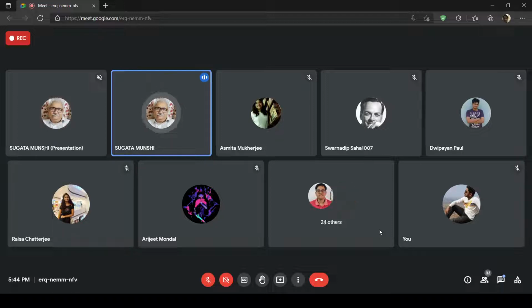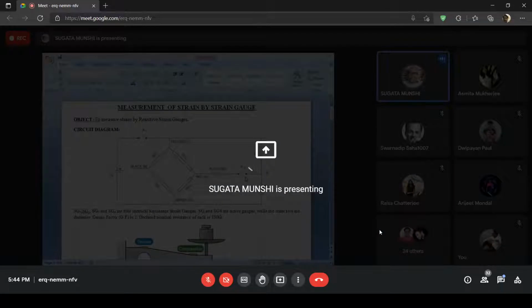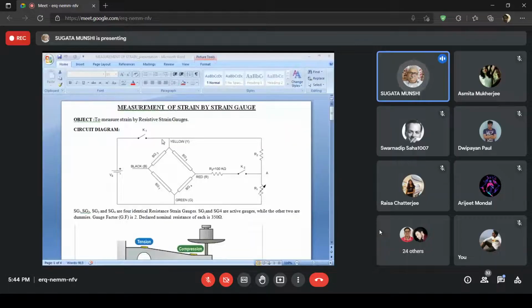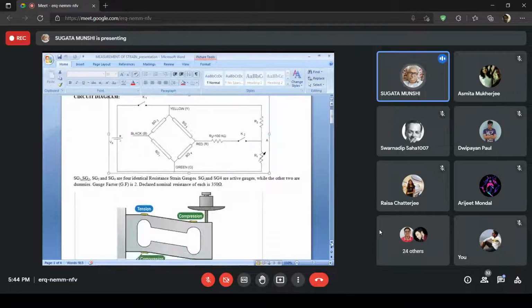This is the arrangement, just see. There is a key here. There are 4 gauges: strain gauge 1, strain gauge 2, strain gauge 3, strain gauge 4. Now here, the arrangement is the same as the load cell that we have considered.